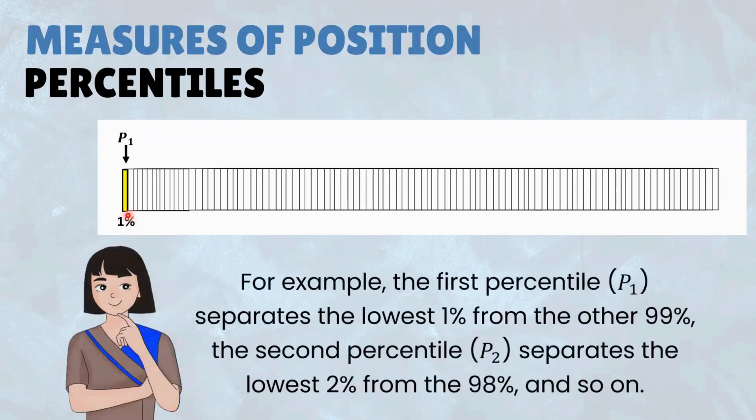For example, the first percentile or P sub 1 separates the lowest 1% from the other 99% of the data set. Same with the second percentile, it separates the lowest 2% from the 98%, and so on and so forth.